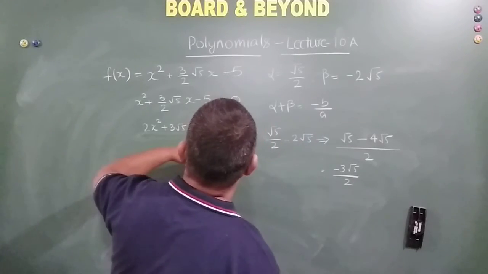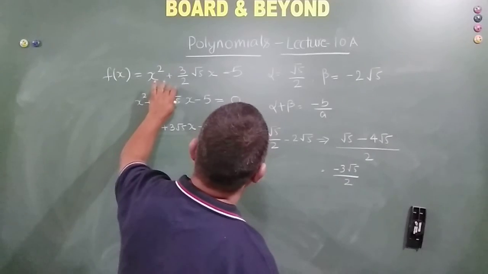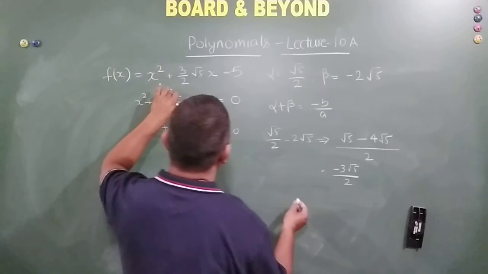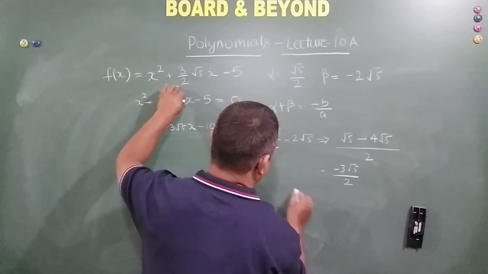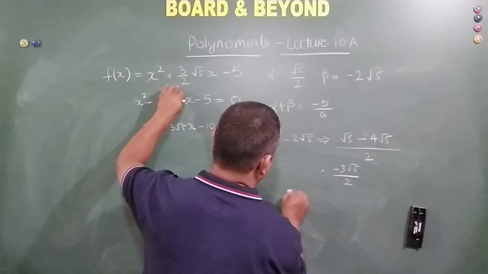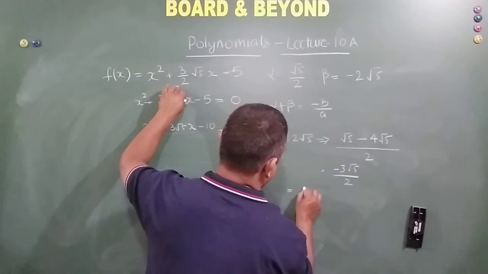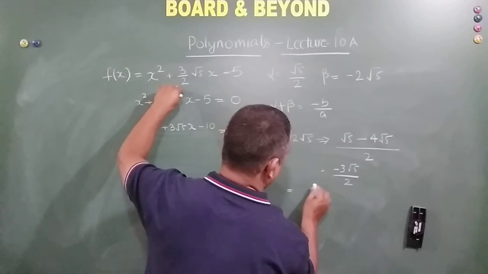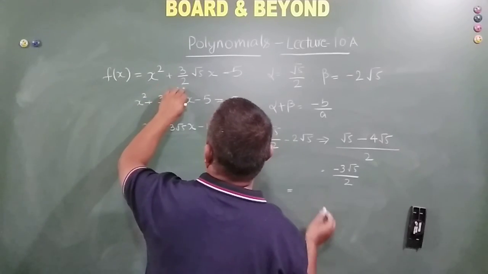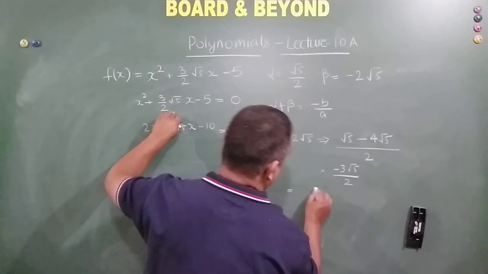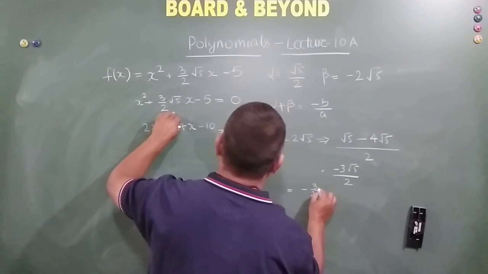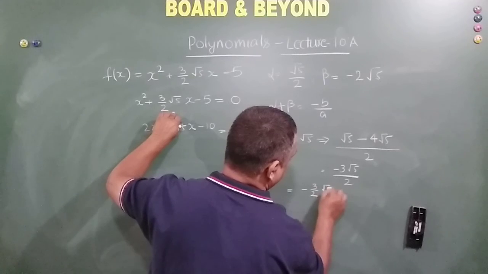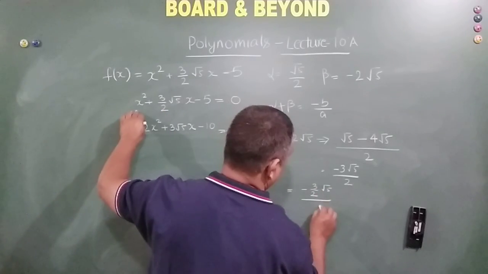Now you can see alpha plus beta, minus b by a. So minus b is how much? Minus of 3 root 5, and a is 1.